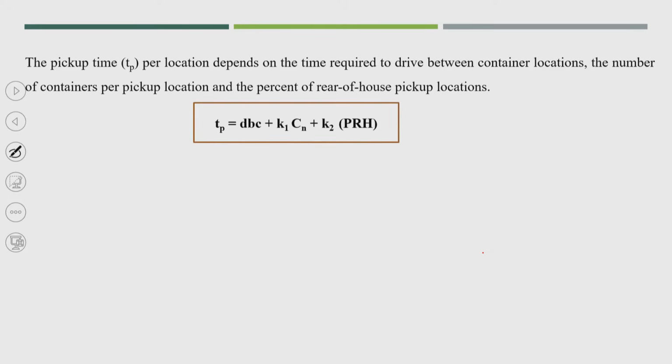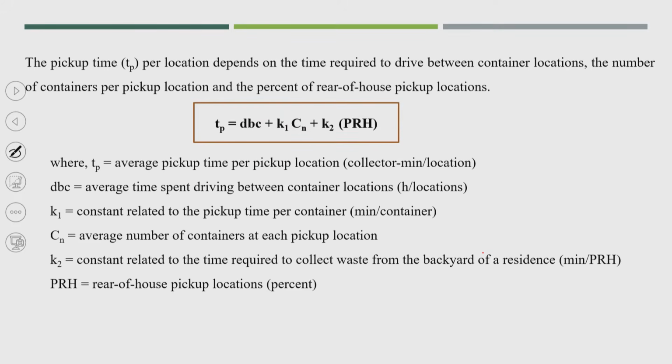So the formula goes: TP is equal to DBC plus K1 into Cn plus K2 into PRH, where Cn is the average number of containers at each pickup location and PRH is the rear of house pickup location, and K1 and K2 are constants related to the time required to collect waste either per container or from the backyard of the residence. By that way we can calculate the TP value.